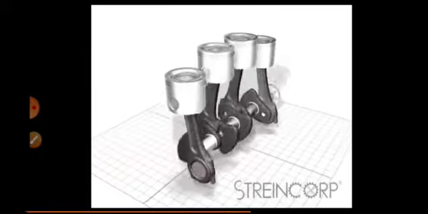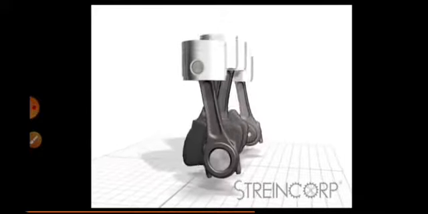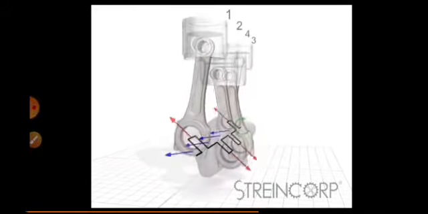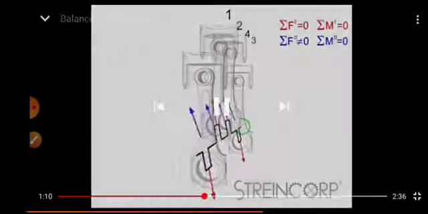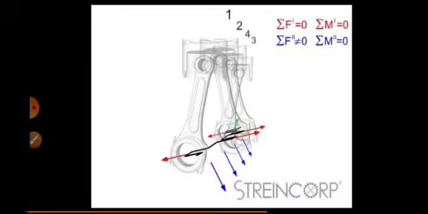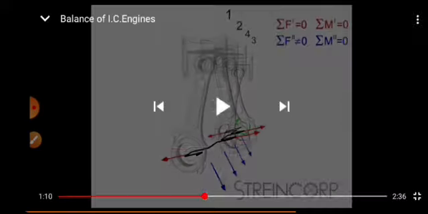This is a 4-stroke 4-cylinder inline engine. Here force and mass are both equal to 0 for the red line, and for the blue line force is not equal to 0 and mass is equal to 0.